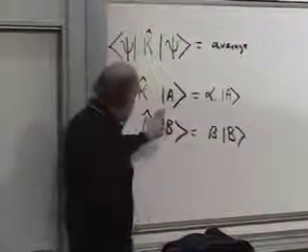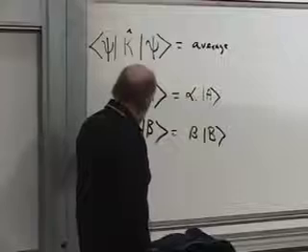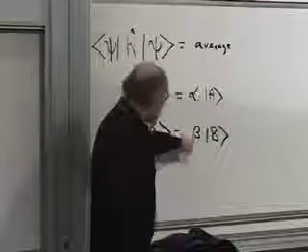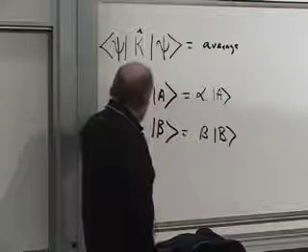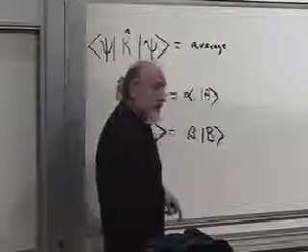What's the probability that if we measure L, we get the answer beta, given that we prepare the system with a definite value of K, namely equal to alpha?